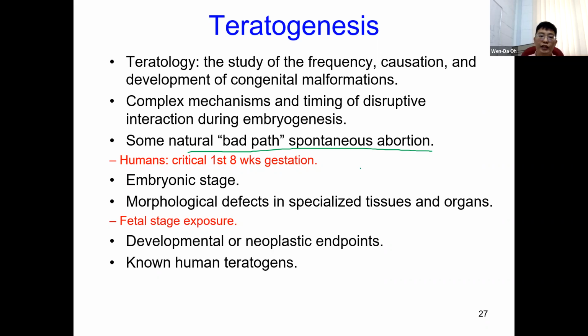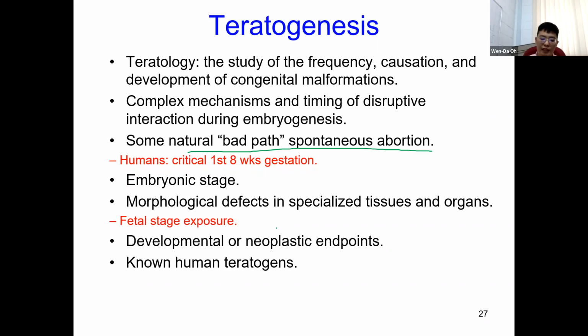So the doctor actually gives a teratogen to that person. Usually this will work only in the first 8 weeks of gestation, which means within 2 months of pregnancy, right?